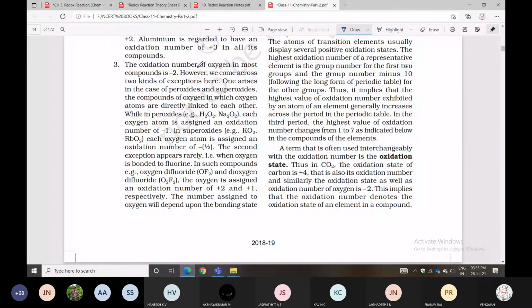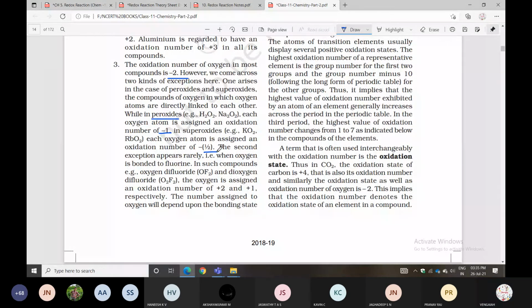Okay? Peroxide condition is -1. In superoxides each oxygen atom contains -1/2. In OF2 condition it is +2, and in O2F2 condition +1 oxidation state will happen.